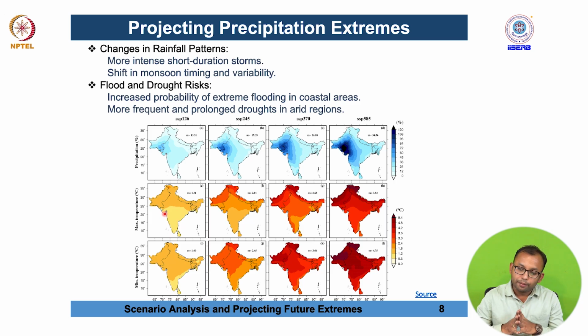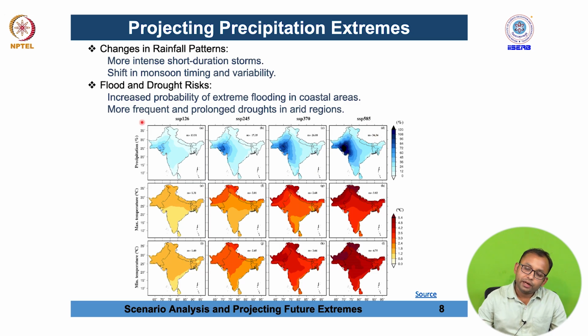There is another example of projecting precipitation extremes in the Indian region, across the Indian subcontinent, and here we can see the rainfall patterns. For example, this is precipitation, this is maximum temperature, this is minimum temperature, and here we are talking about different scenario based assessments: 126, 245, 370 and 585.